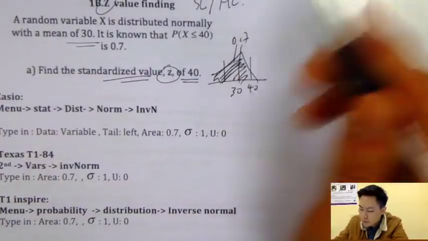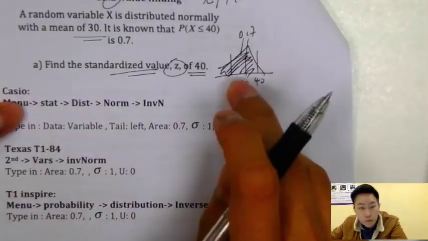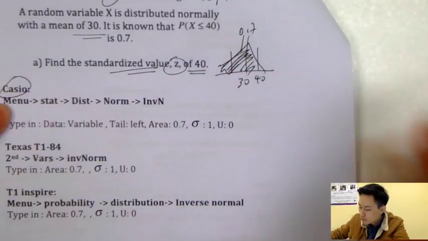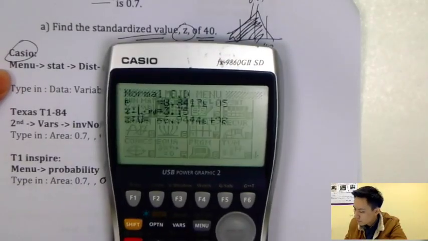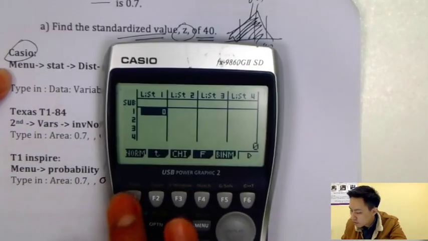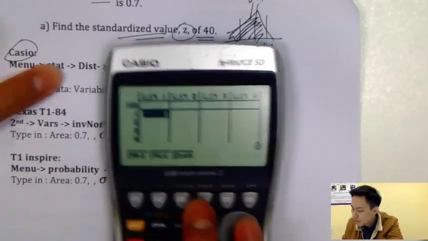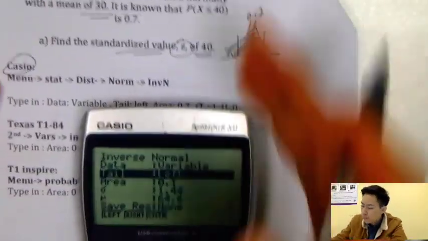So how do you do that? You do the same thing. You have to go to inverse normal this time, because we are given the probability. So for Casio, you go to manual and then distribution again, and then you go to normal, and then this time you go inverse normal. For tail, you go tail left, because shade left.